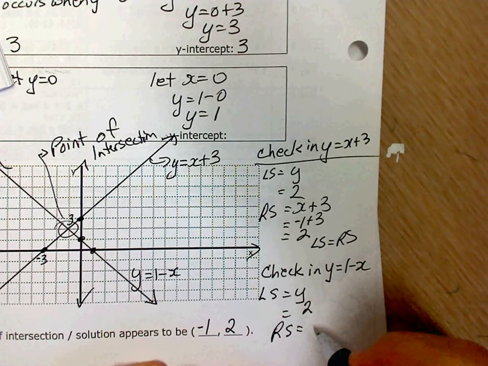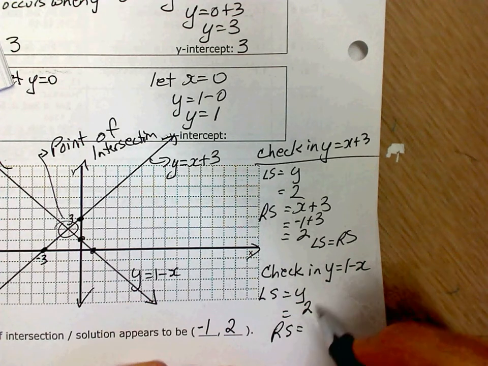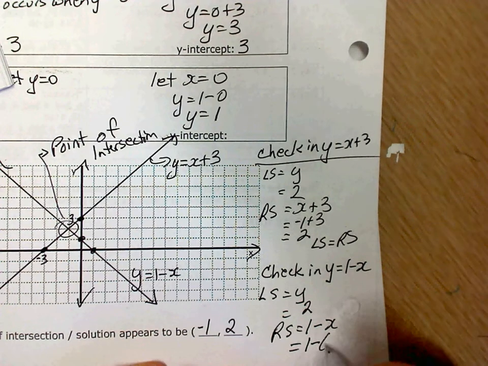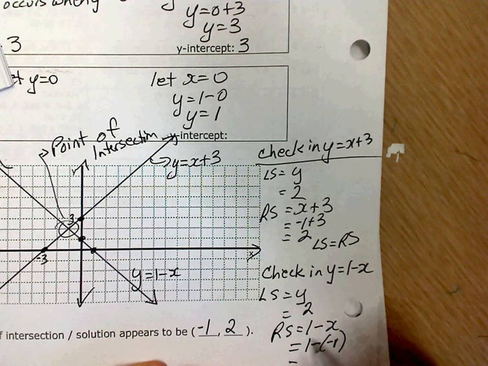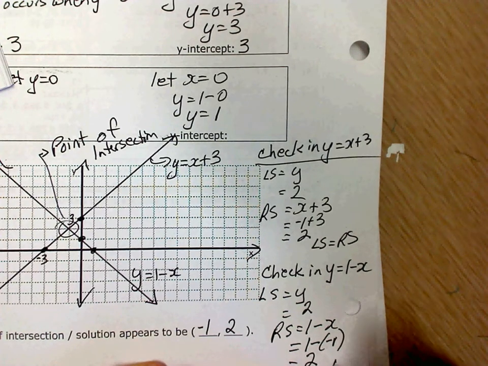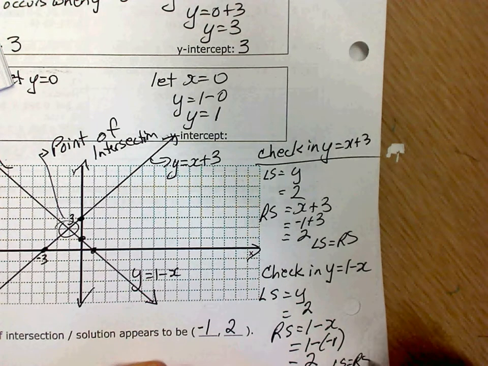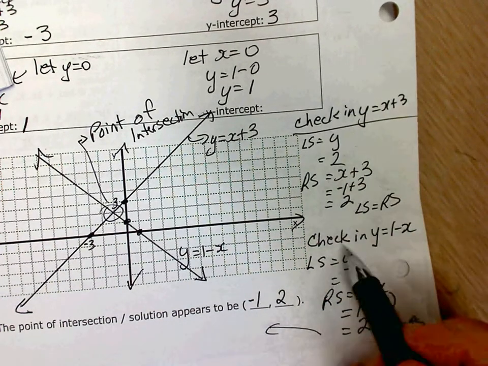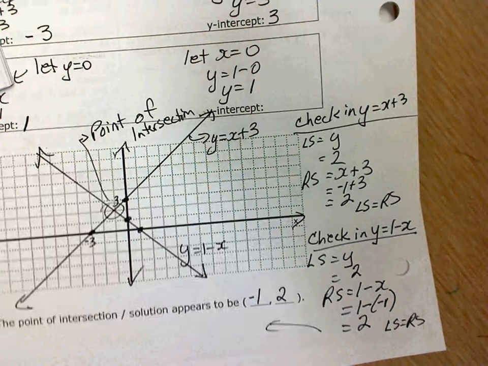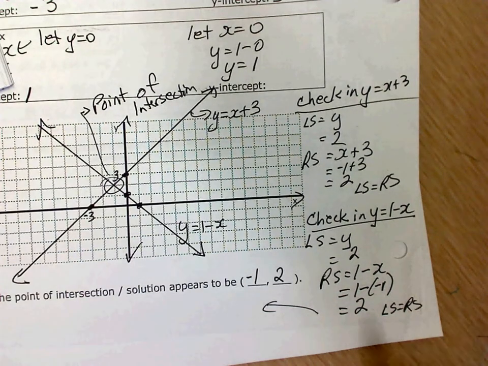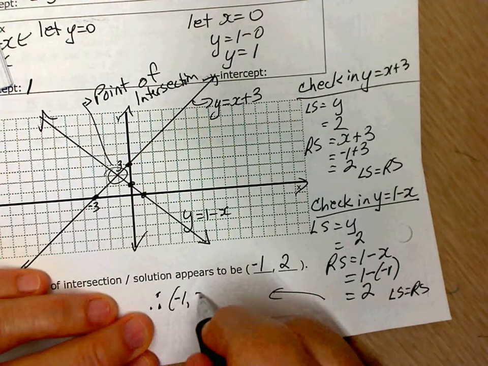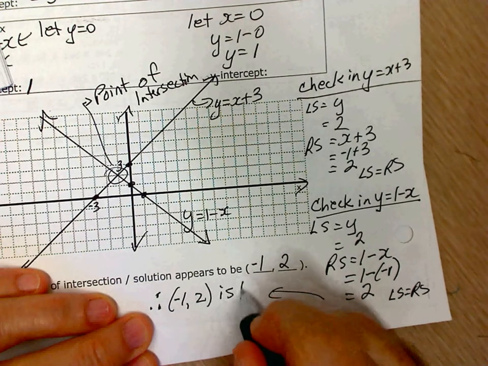Right side equals 1 minus x, and that equals 1 minus a negative 1, and you know that that's equivalent to 1 plus 1, and that equals 2. So left side equals right side. Now we can say that it checked in both equations. Now we can be absolutely 100% sure that therefore negative 1 comma 2 is the solution.